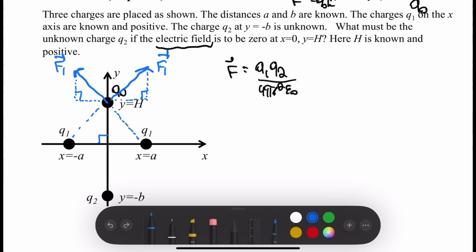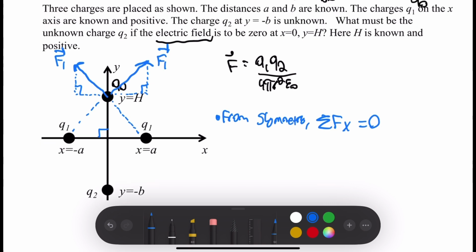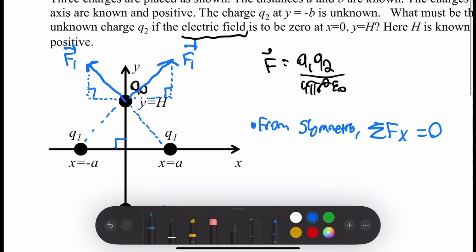So then here I can say, from symmetry, the sum of the forces in the x direction are equal to 0 because they're going to cancel out. And then to find a theta, well, I can just say that I put a theta here, therefore my theta will be up here as well. And that will apply for both of these, but we just need to use one of them and then multiply it by 2 essentially, so it's fine.